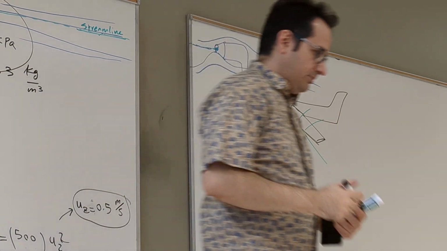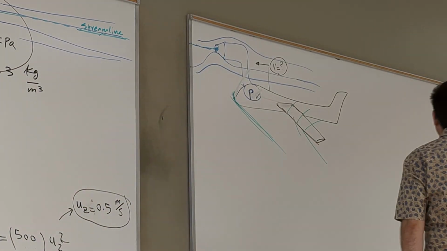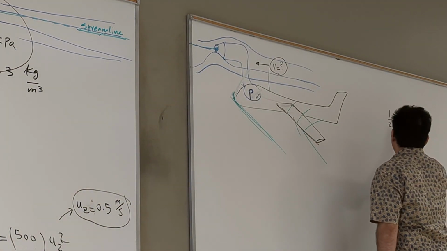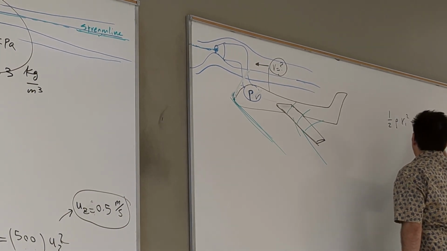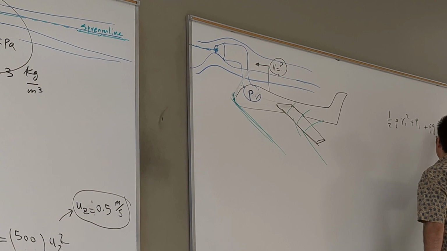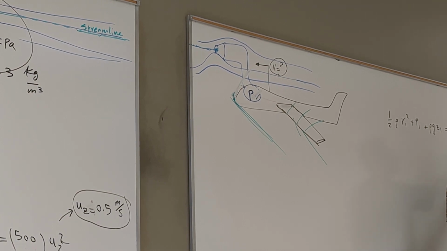Now, write the Bernoulli equation: P1 + 1/2 rho V1 squared + rho g z1 is equal to P2 + 1/2 rho V2 squared + rho g z2.